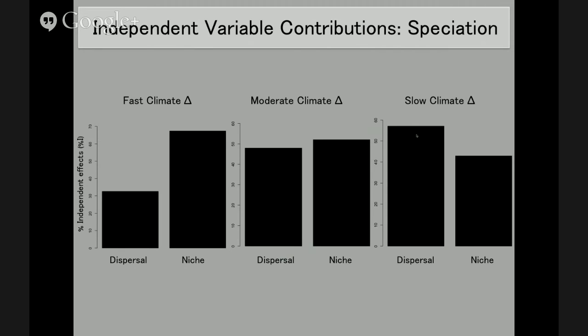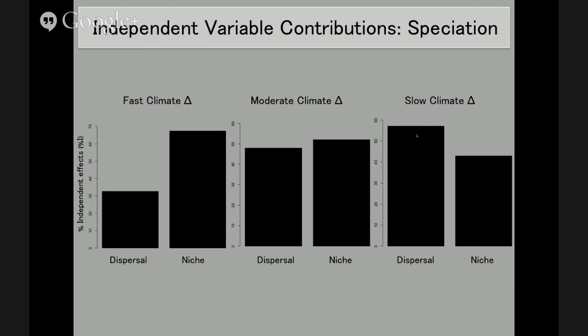We can unpack these results further and use hierarchical partitioning analyses to allow for more insight into which variables are actually contributing most to patterns of speciation and extinction.